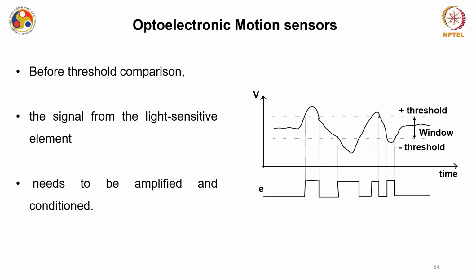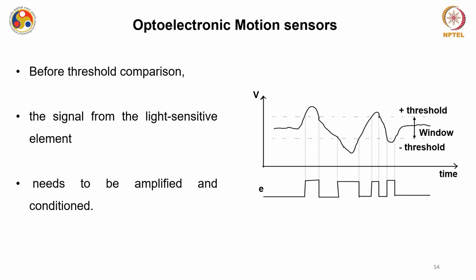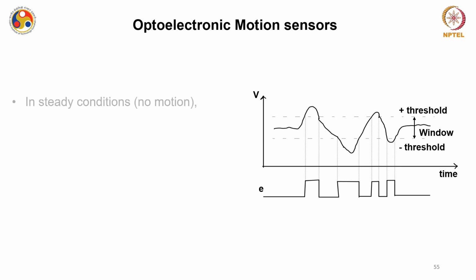When the output is 0, no motion is detected. When the output is 1, motion has been detected.